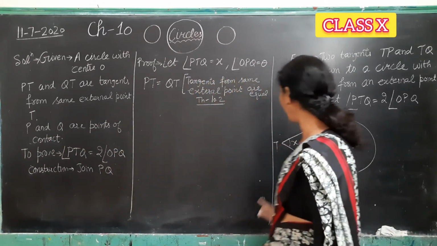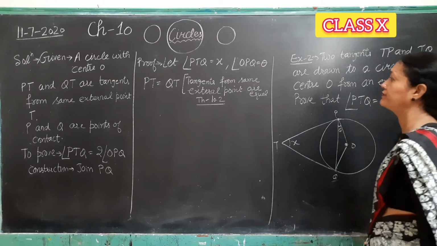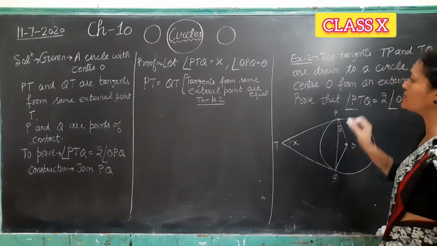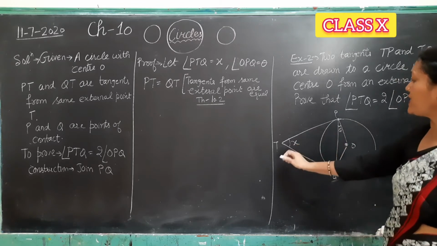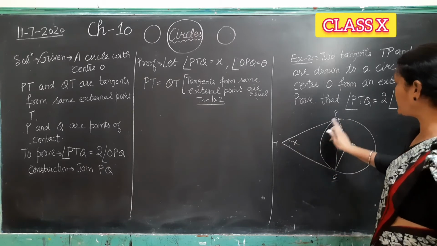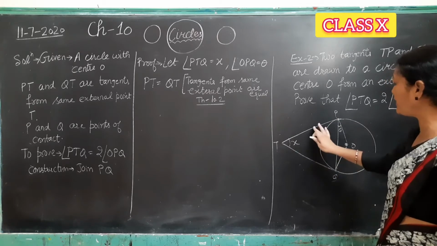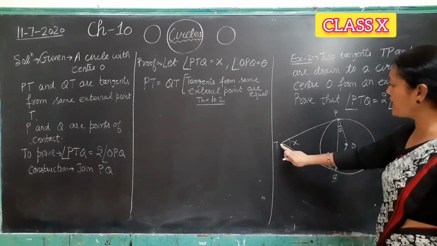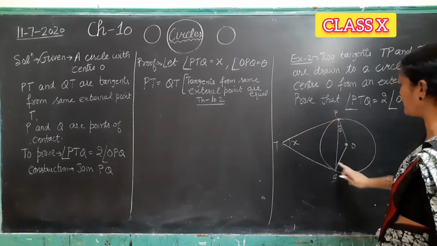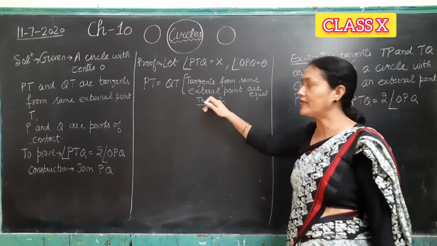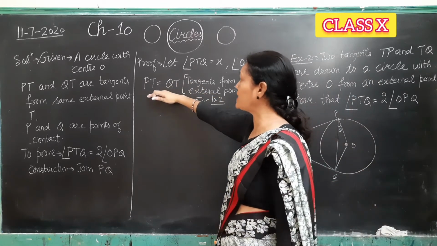For construction, we will have to join PQ. Let us take this angle as x and this angle as theta. As you can see, TP and TQ are two tangents drawn from the same external point to the given circle. Therefore, as we have learned in theorem 10.2, these two tangents should be equal.